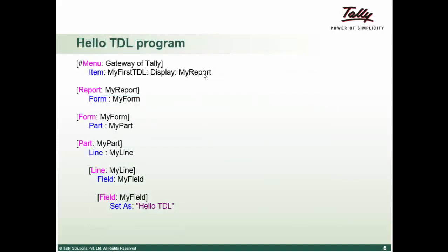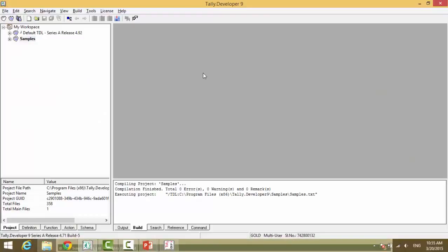Opening the product Tally Developer 9. This is our product Tally Developer 9. This is the project pane. This is the project properties pane. This would be the editor pane. And this would be the output pane.